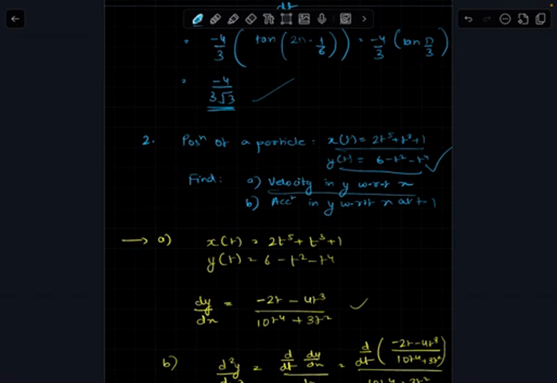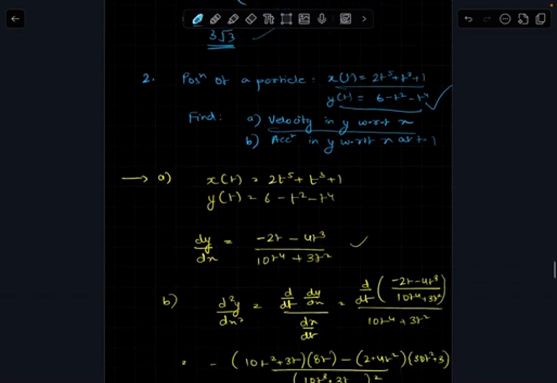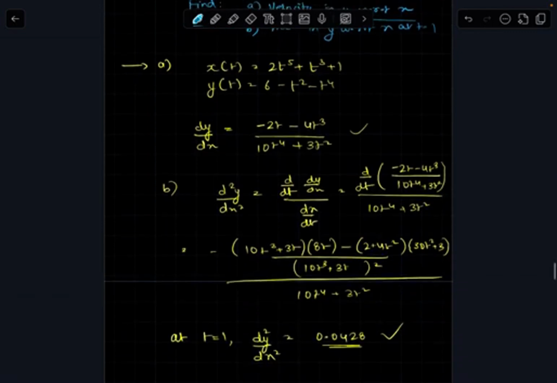That's parametric differentiation, since the derivative of distance is velocity and the derivative of velocity is acceleration. And to go vice versa, you need to integrate it, right? And the second question is to find the acceleration, which is the derivative of the velocity.